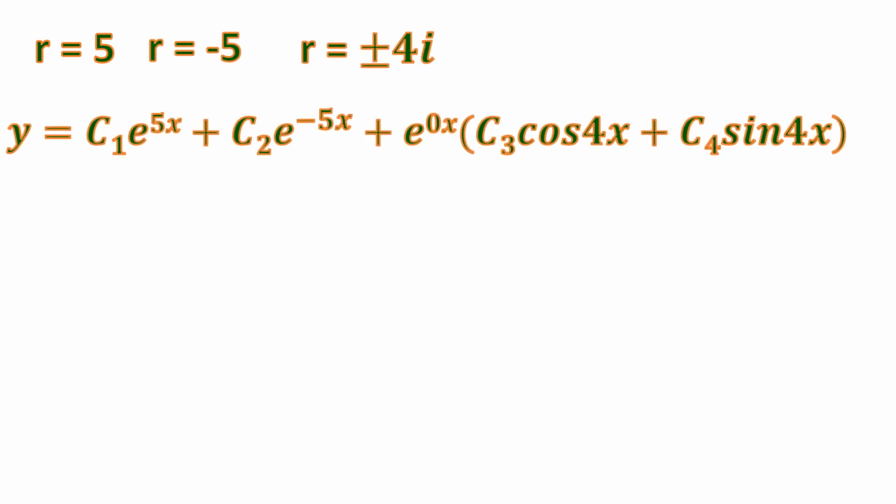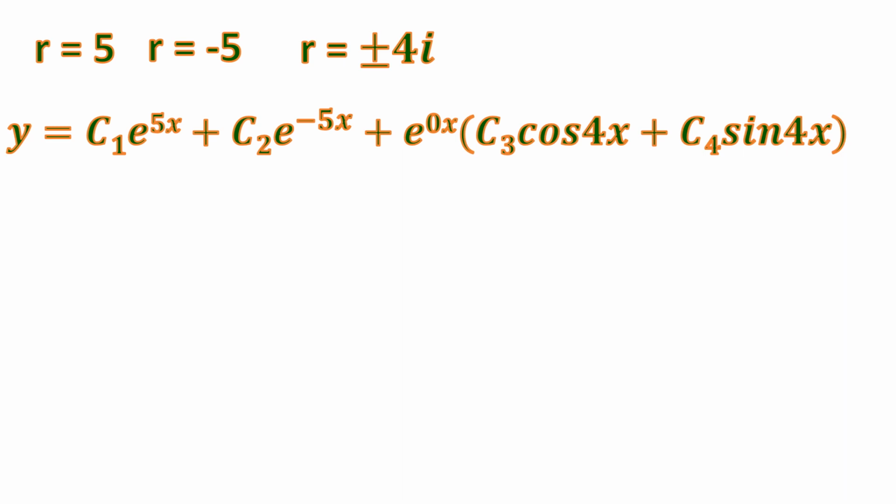And so we have these roots, and we can now have the general solution. So y equals c sub 1 e raised to the first root, which is 5, so 5x, plus c sub 2 e raised to the second root, which is negative 5, negative 5x, plus now it's complex, so the third and the fourth roots are part of the complex number.